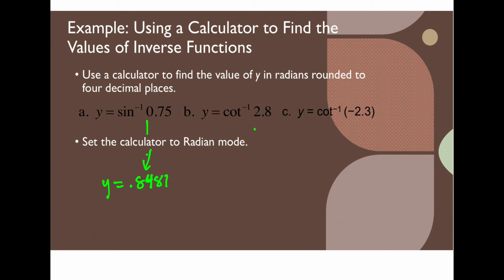All right, now here's an arc cotangent. So again, we're going to use the arc. This is a positive one. So if I go 1 over that, right? So I just put 1 over 2.8, or I type 2.8 and hit x to the minus 1, I get the tangent equivalent of the cotangent value.